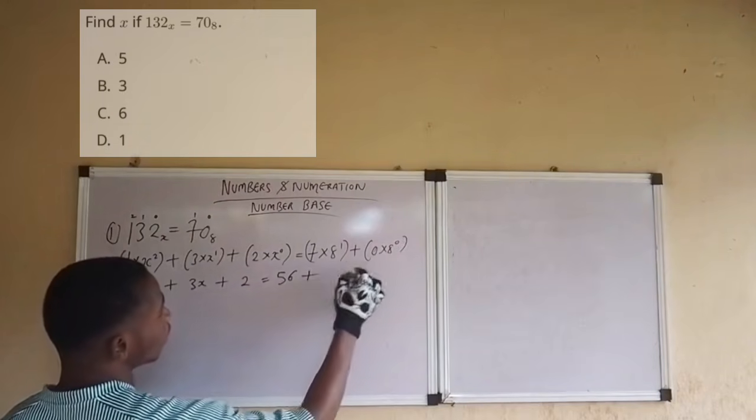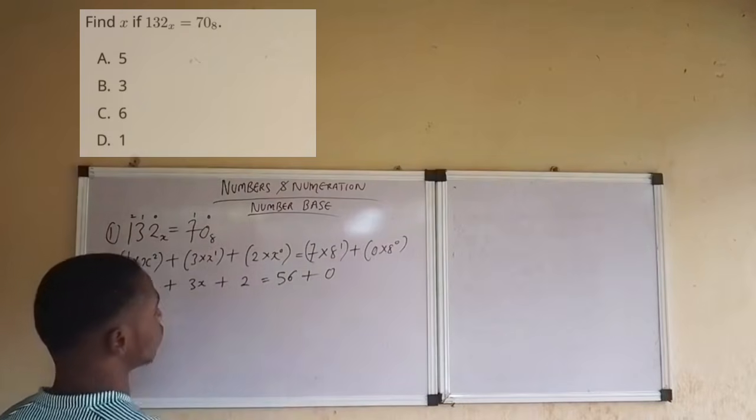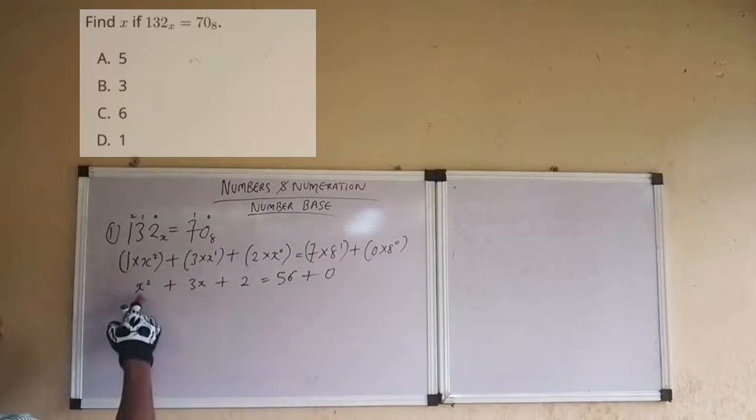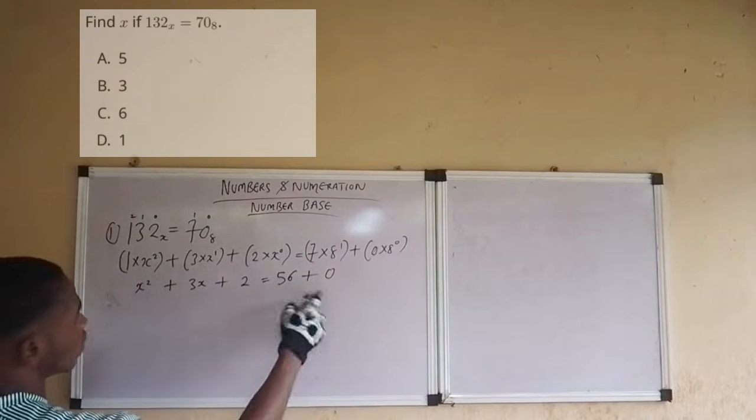All right, then we have plus 0 times 8 raised to power 0, which is 0. Do you understand? Now we're having x squared plus 3x plus 2 equals 56 plus 0.